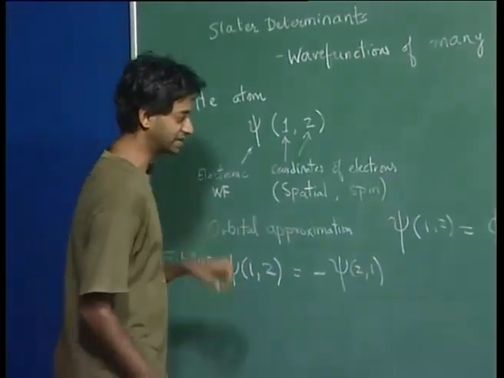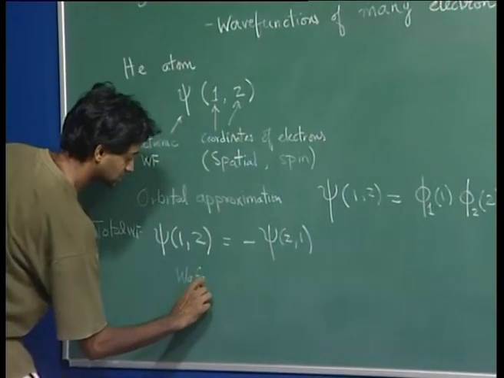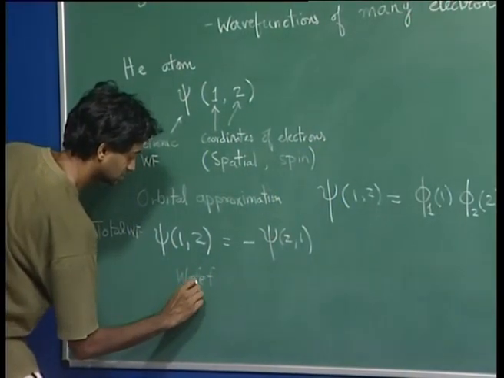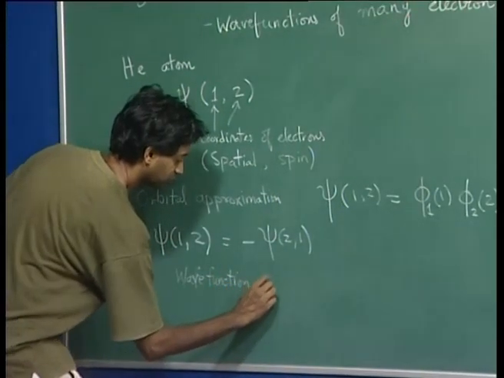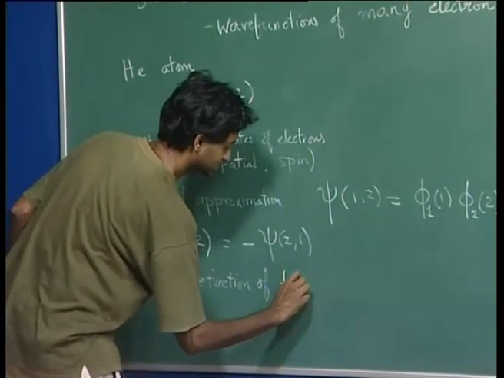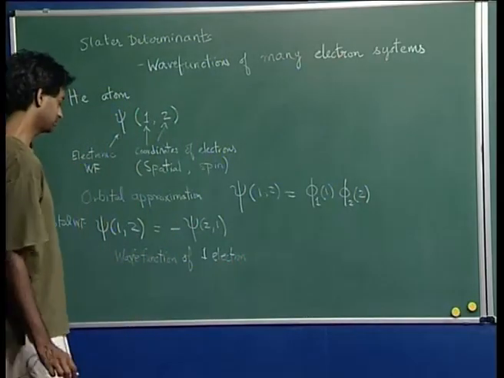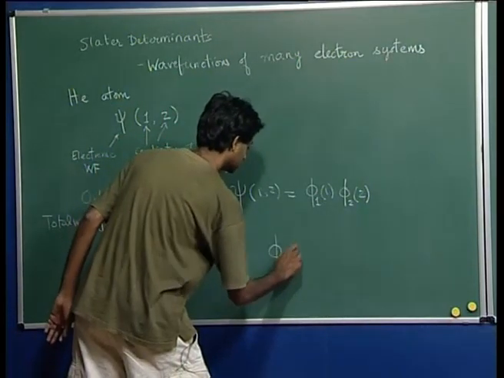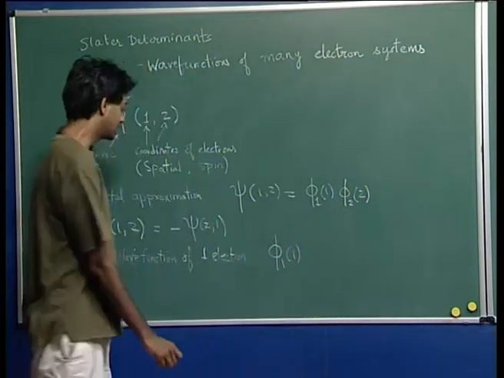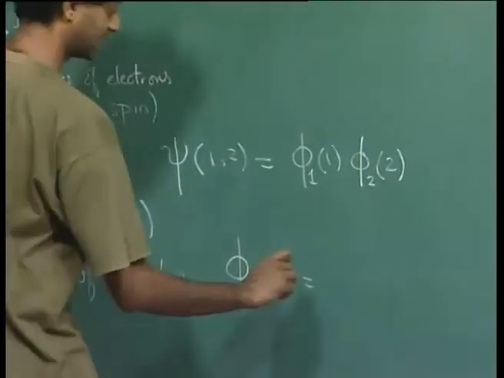Furthermore, we write the wave function of one electron. Okay, so the single electron wave function phi 1 of 1 is factored into a spatial part and a spin part.